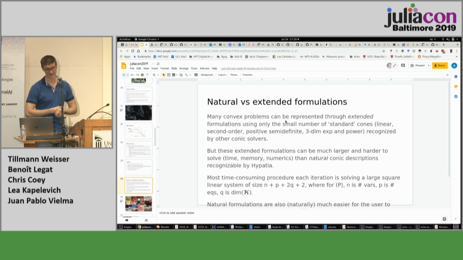Not all of them, but that's kind of the union of what they can recognize. We'd call those extended formulations because to actually get a problem representable with those cones, you often need to add more variables, more constraints. You blow out the size of the problem. As such, the extended formulations can be larger and harder to solve in terms of time, memory, even numerics, than more natural conic descriptions where we are able to use a much broader array of cones.